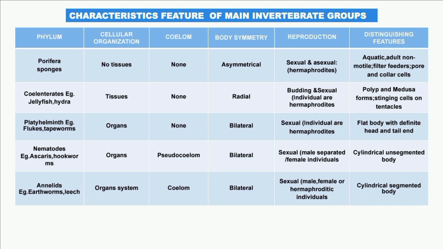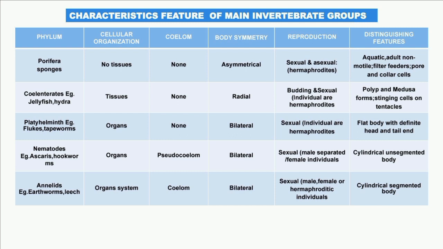Body symmetry: they have a bilaterally symmetrical body covered with a thin cuticle, which does not need to be molted for growth. Reproduction is sexual, and individuals may be male, female, or hermaphrodite.